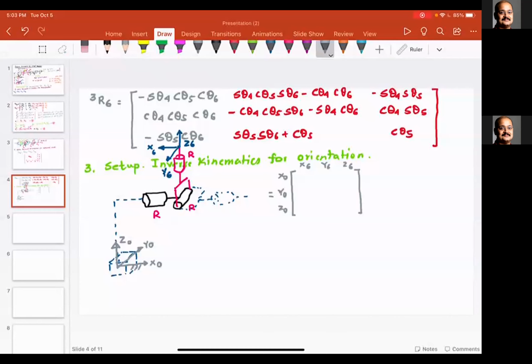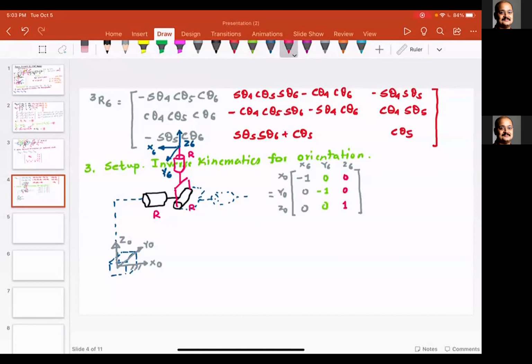As you can see, X6 is in the negative X0 direction, Y6 is in the negative Y0 direction, and Z6 is in the same Z0 direction.